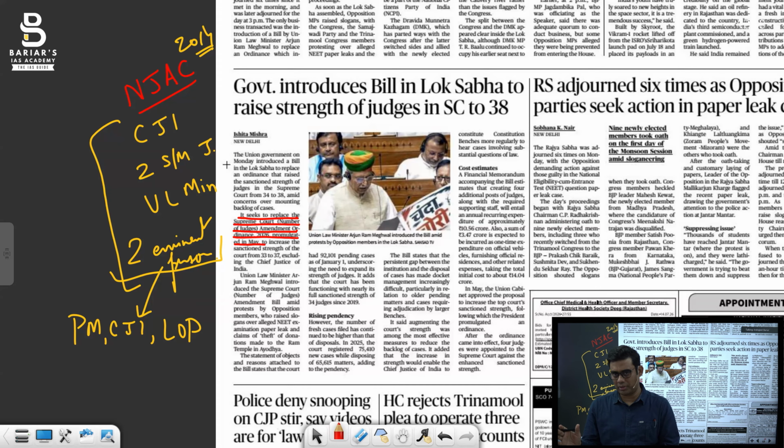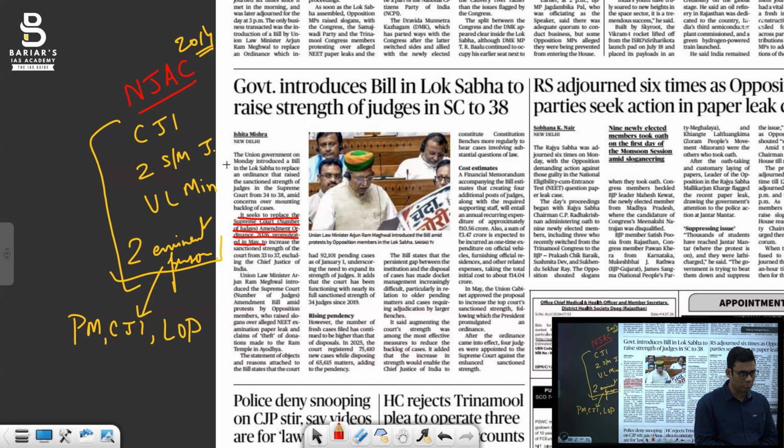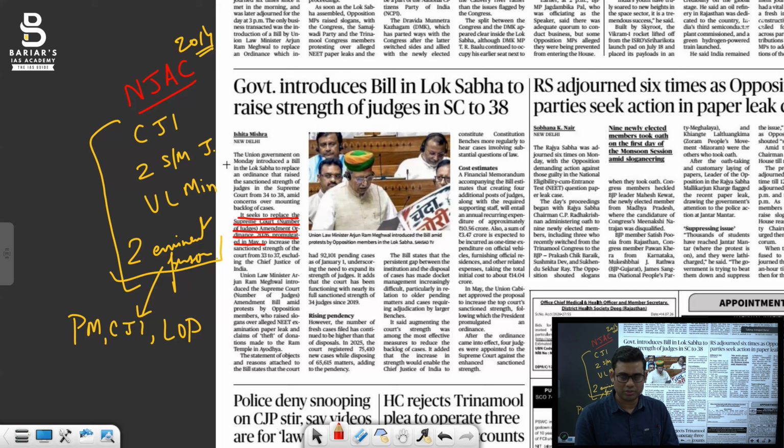Quick recap: the Constitution originally provides for the numbers, which is 7 plus CJI, 8 judges in the Supreme Court. Then the first, second, third, and fourth judges' cases, which we have said already. NJAC is the 99th Constitutional Amendment Act.